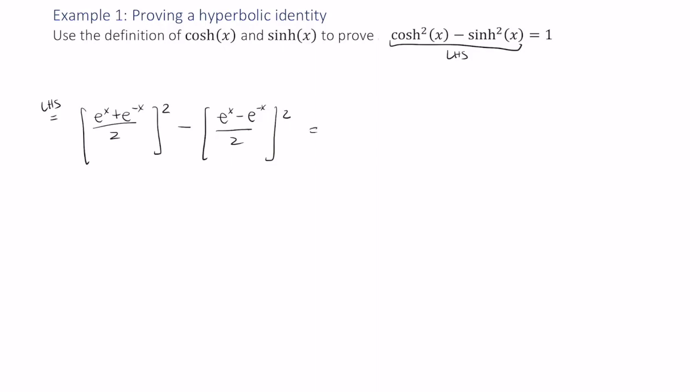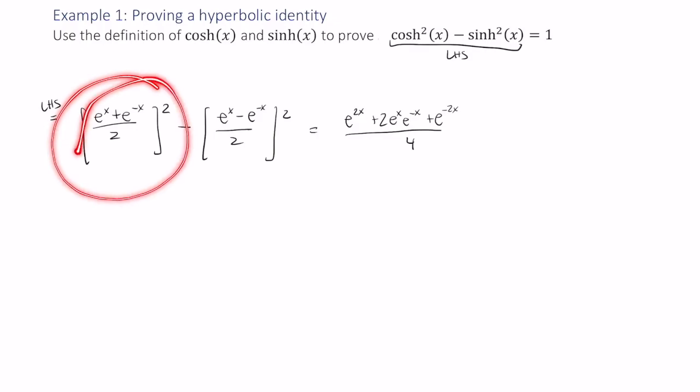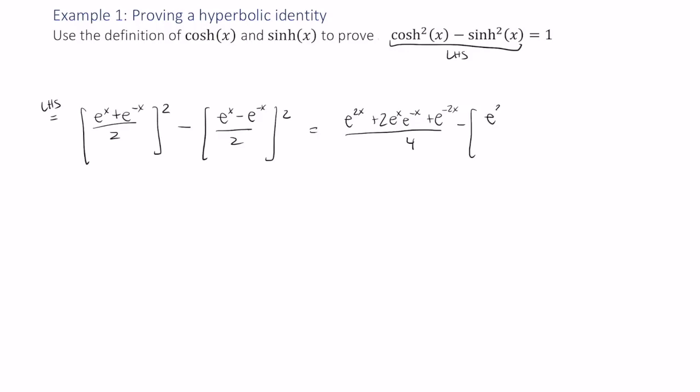So using some algebra, we end up with e to the 2x plus 2e to the x, e to the negative x, plus e to the negative 2x over 4, and that's just from squaring cosh. Now when we square sinh, we'll end up with something similar, e to the 2x minus 2e to the x, e to the negative x, plus e to the negative 2x divided by 4.